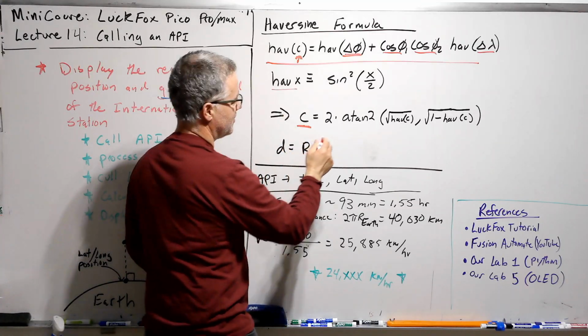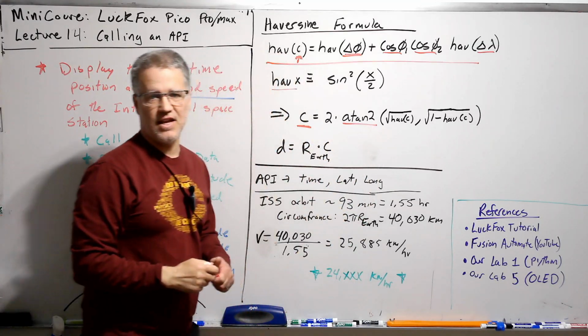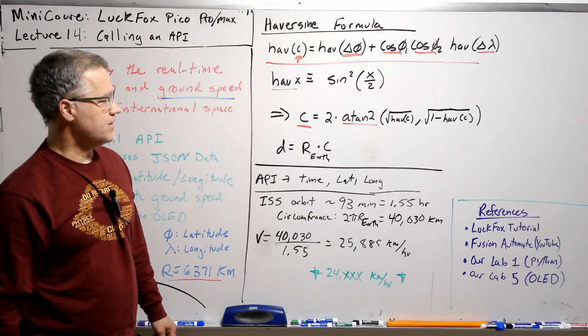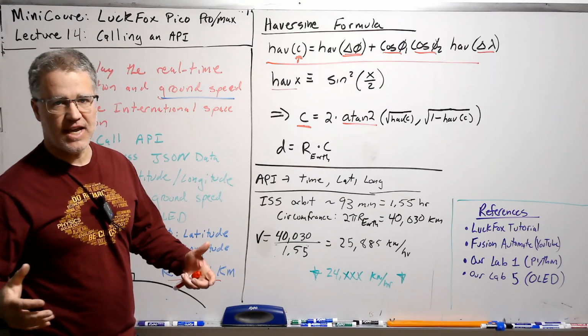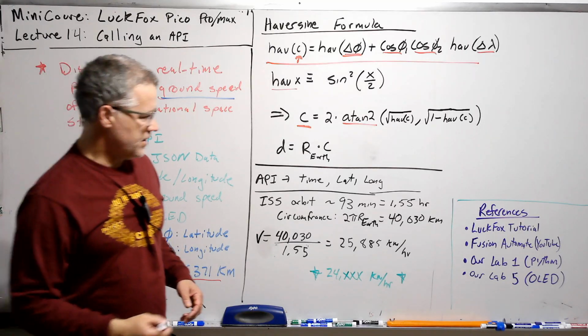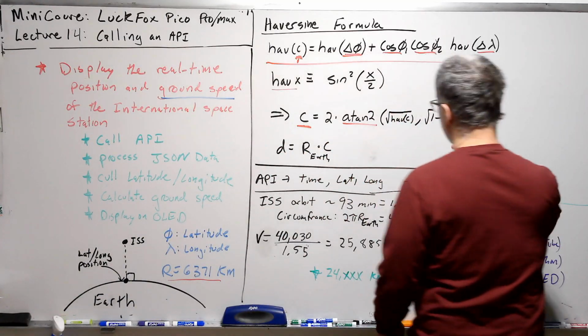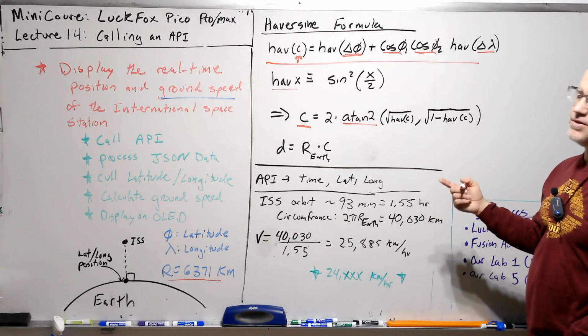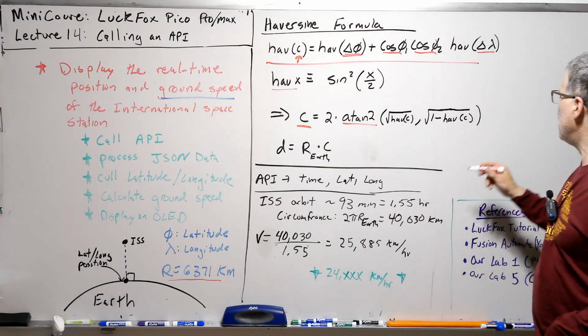Another function we don't see all that often is the 2-argument arctangent, atan2, and this is just a convenient function to help keep track of what quadrant a point is in.